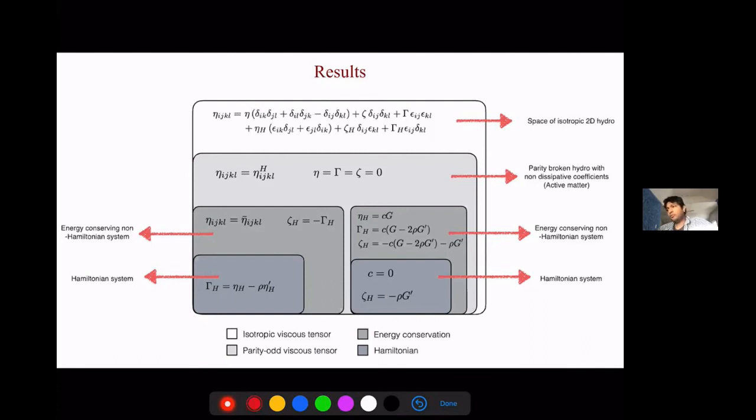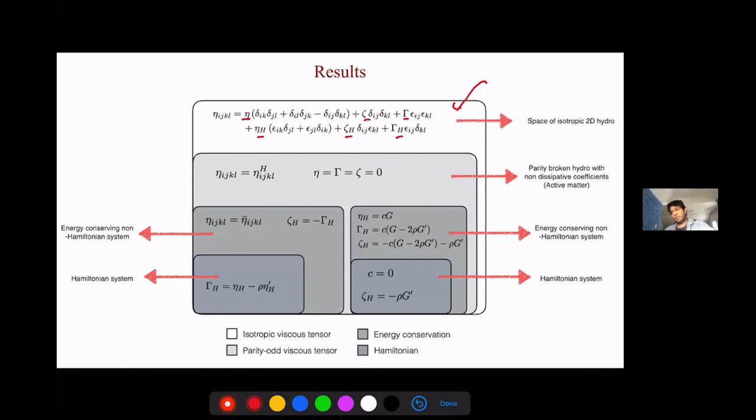The biggest box is the space of isotropic 2D hydrodynamics, and it involves all the coefficients: the shear viscosity, bulk viscosity, rotational viscosity, and the 3 odd coefficients that I have discussed: the Hall viscosity, odd pressure, and odd torque. There are 6 coefficients in a first order Galilean invariant system. This is the space of hydro I started with.